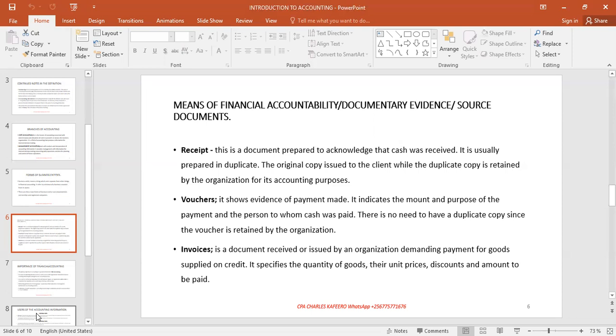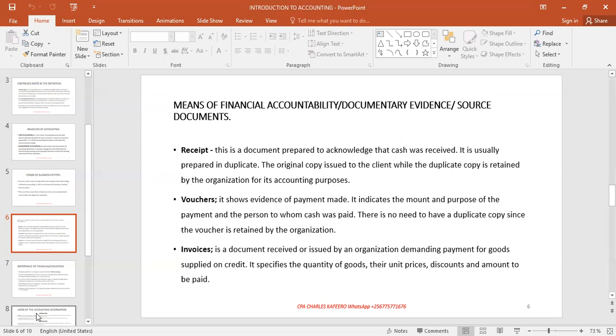So the first one is called a receipt. This is a document prepared to acknowledge that cash was received. It is usually prepared in duplicate. The original copy is issued to the client, while the duplicate is retained by the organization for accounting purposes. When you buy goods and you pay by cash, of course, we expect to receive the receipt.